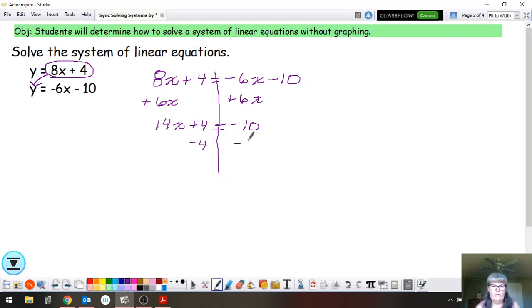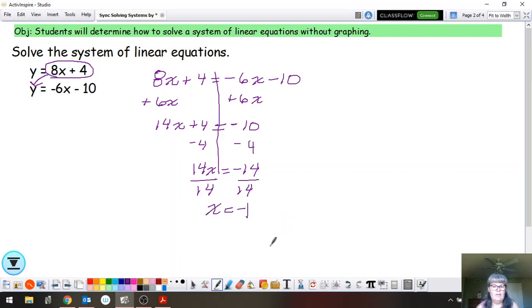Subtract 4 from each side, and I now have 14x equals negative 14. Divide both sides by 14, and x equals negative 1.